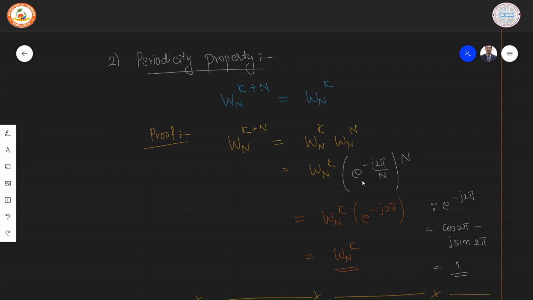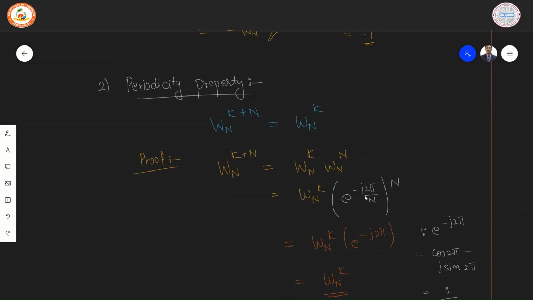So in the exponential form, the Twiddle factor is (e to the power of minus j2π/N) whole power of N, and N cancels, giving e to the power of minus j2π. On substituting, cos 2π minus j sin 2π, the answer is 1. Therefore, the result is W_N to the power of k. Hence, the periodicity property is also proved.